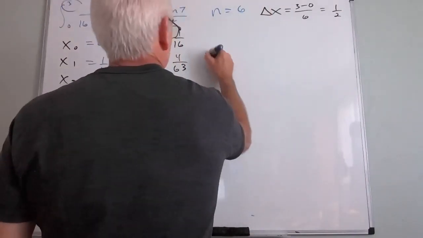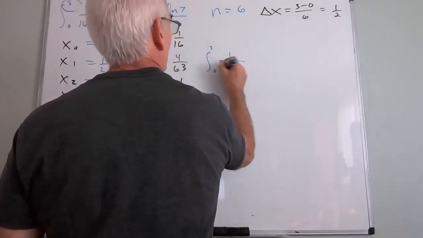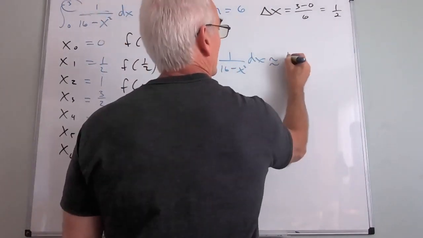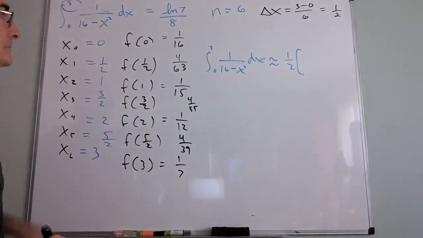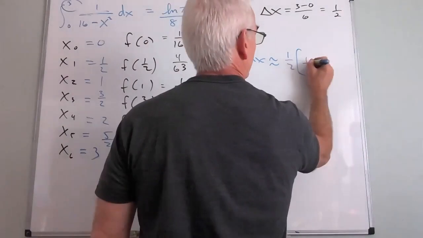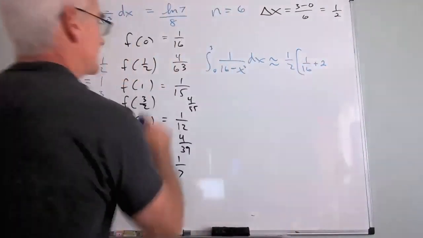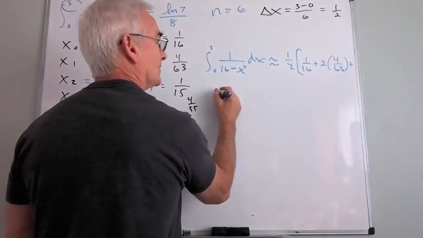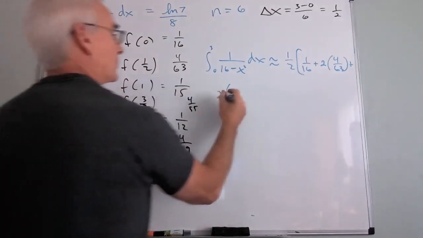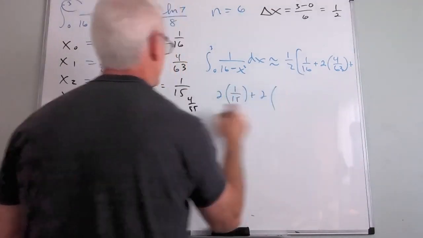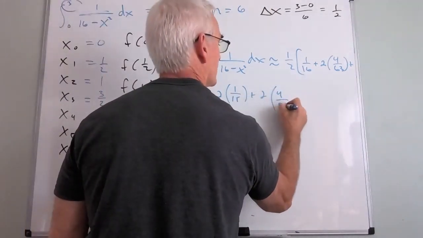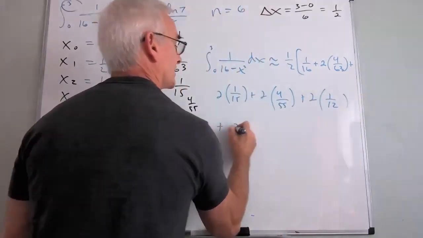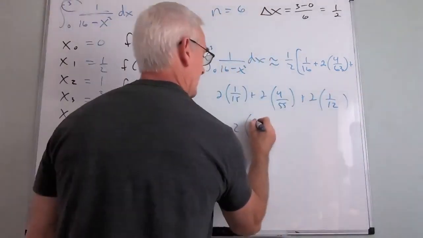So now we can say the integral from 0 to 3 of 1 over 16 minus x squared dx is going to be estimated by 1/2 of that number plus 2 times that number plus 2 times that number plus 2 times that number plus 2 times that one plus 2 times, where are we now? 4 over 39.